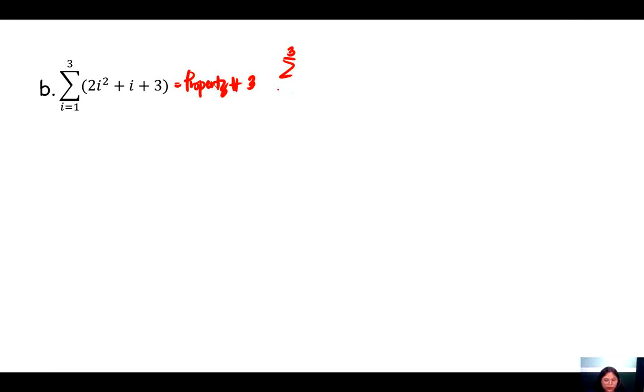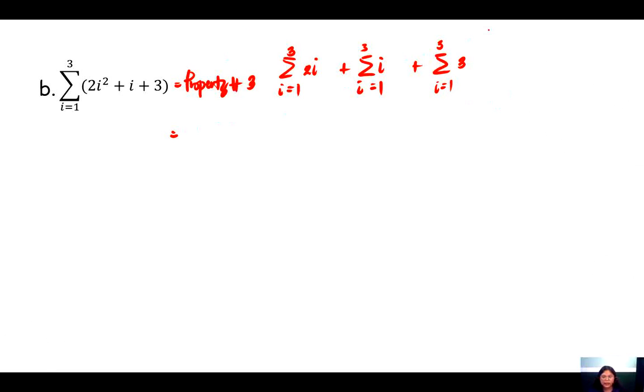The starting point is 1. So, we have 2i plus... class, madali lang to as long as nakikita mo kung saan naka-pattern or pwedeng i-pattern yung property.